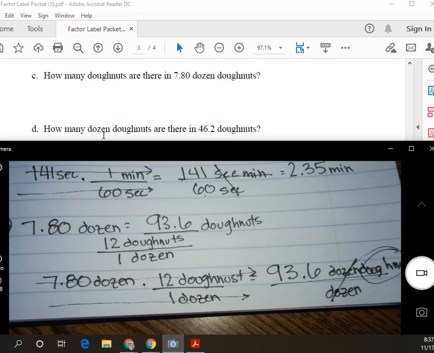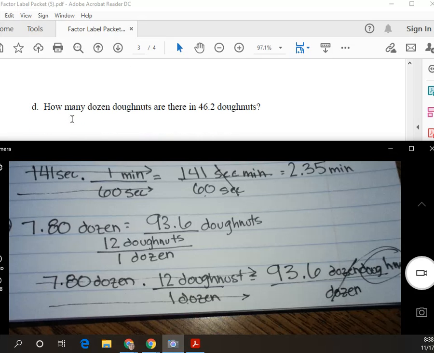And this one is just the opposite. So if I look at D, how many dozen donuts are there in 46.2 donuts? Am I going to multiply by 12 or divide by 12? I got a couple people say divide and a couple people not say anything.